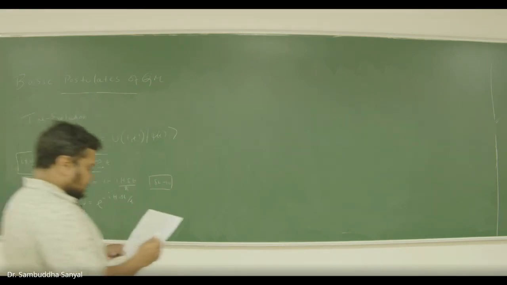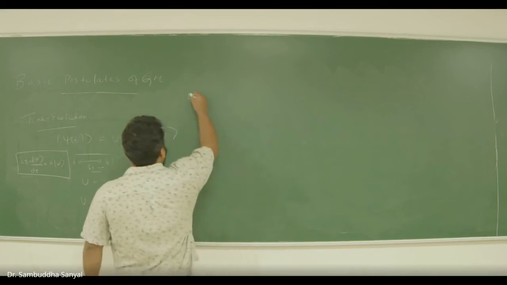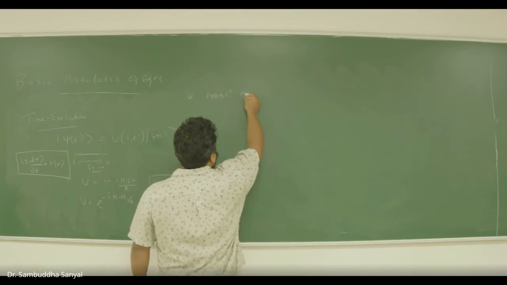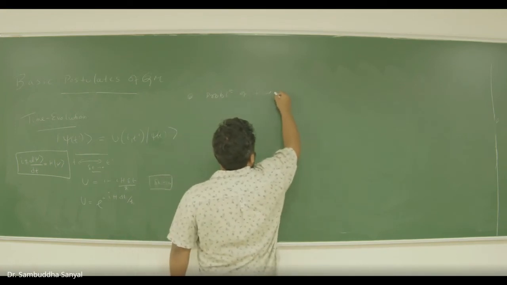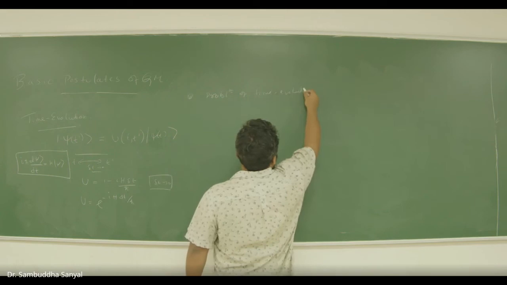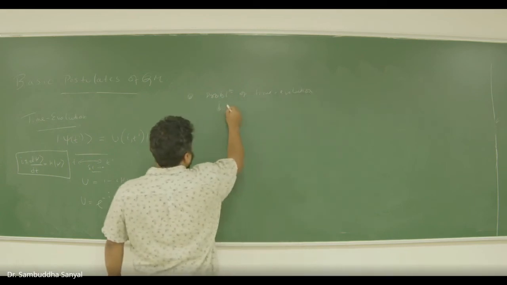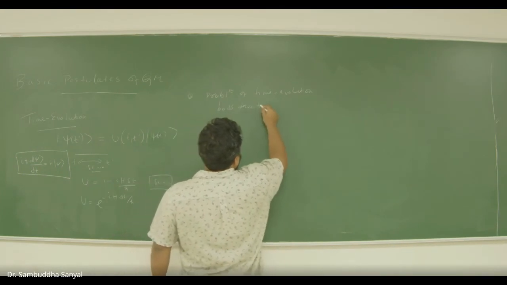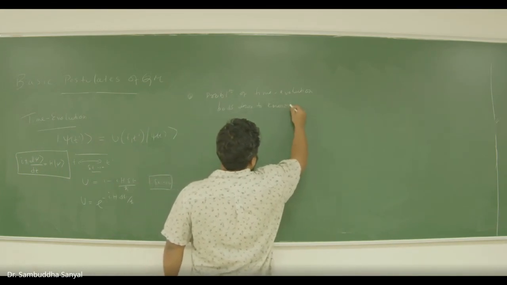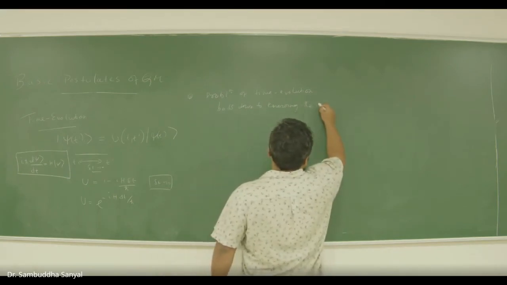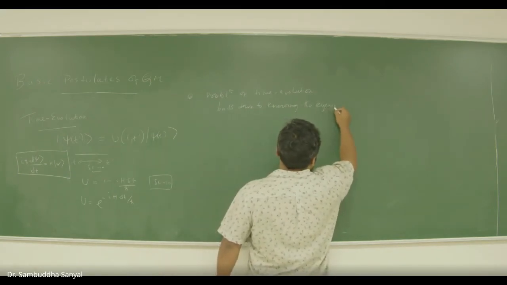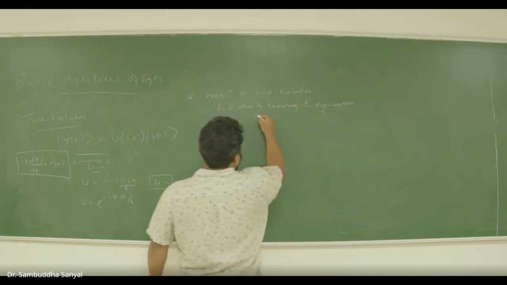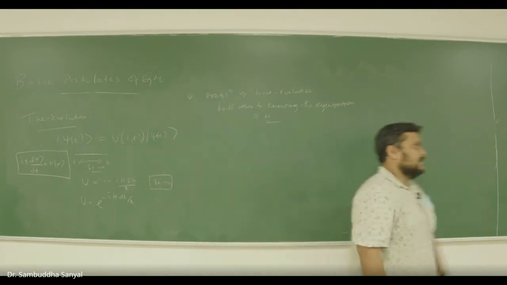Okay. So now we also discussed that the problem of time evolution boils down to knowing the eigenspectrum of H, H eigenvalue and eigenvector.